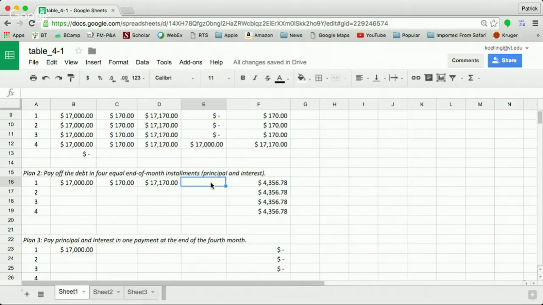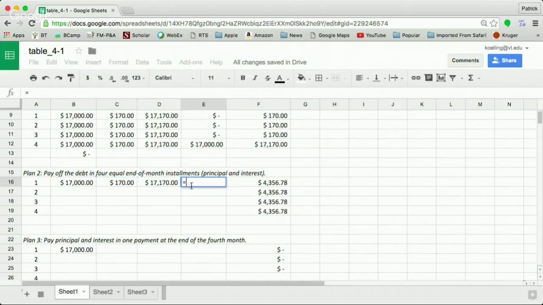Well, in these equal payment situations, this total payment here consists of two components. One component is the interest, and the other component is a pay down of the principal. Therefore, we can see that my payment to principal is this number less the interest part of that payment, which is $170.